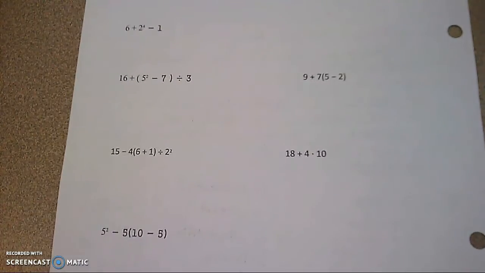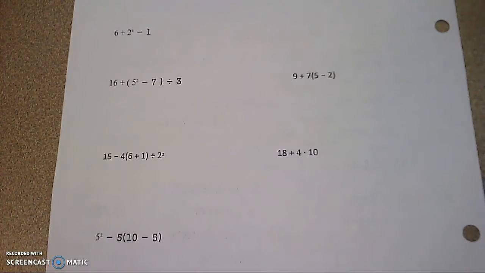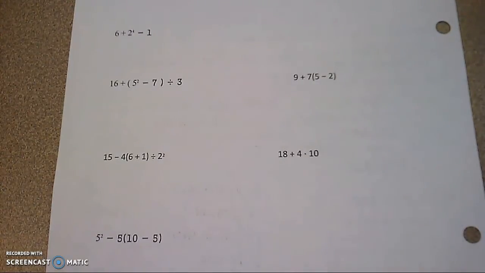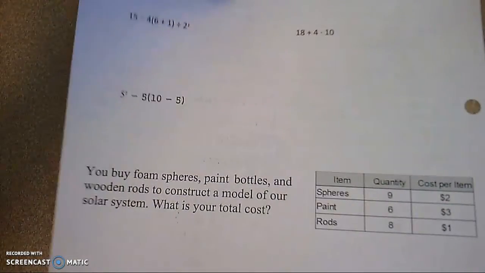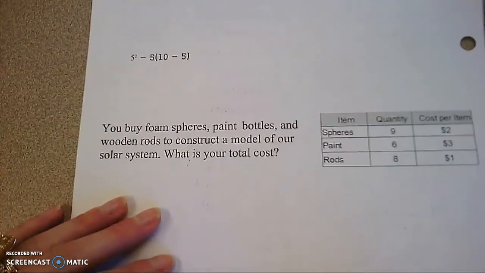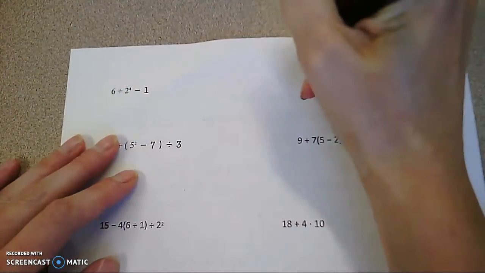I'm going to have you go ahead and try these ones on your own on the back here. You're going to complete those on your own to show me in class. But we're going to go ahead and work our way down to the word problem here. So these ones are on your own.